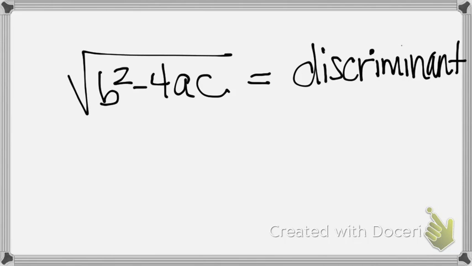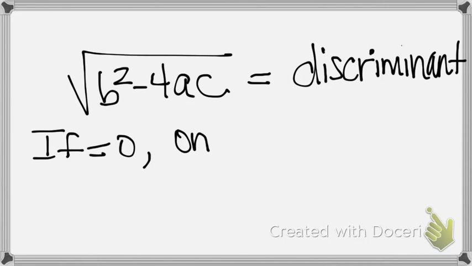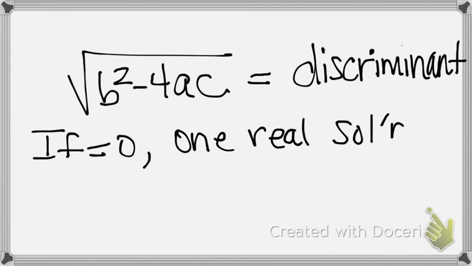You'll have questions about the discriminant on your ACT. If the discriminant is 0, then you only have one real number solution. And we just saw that. That one solution was negative 3, right?